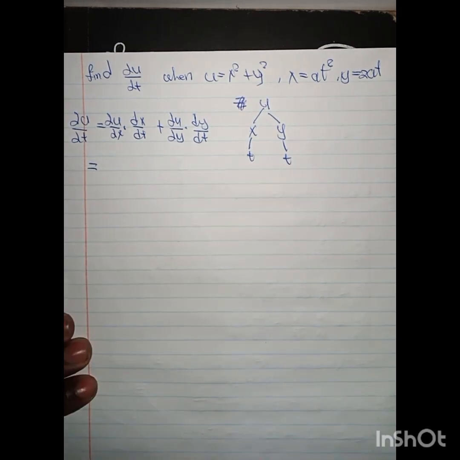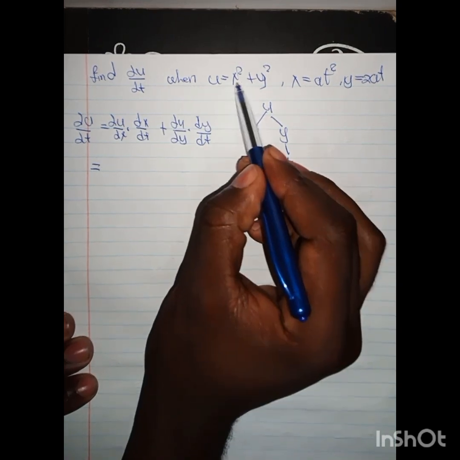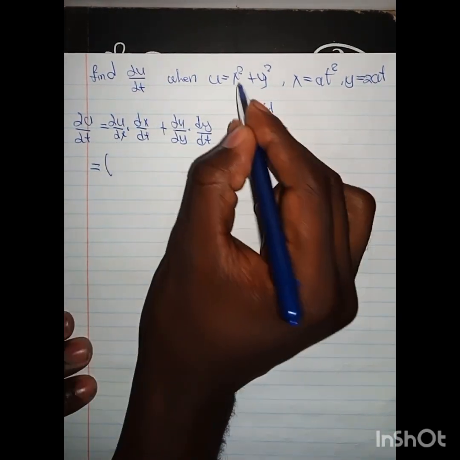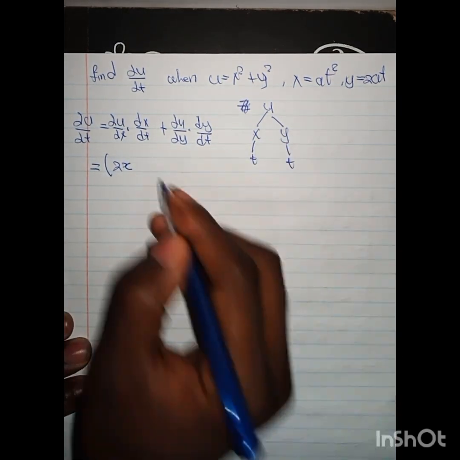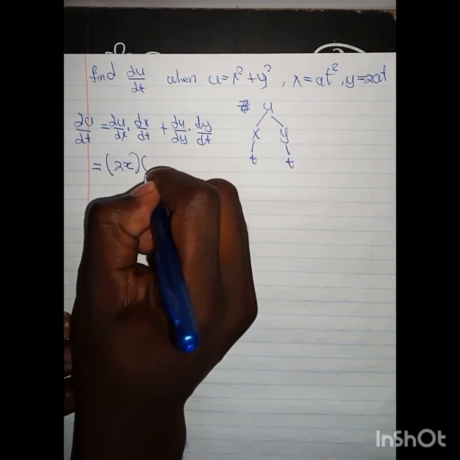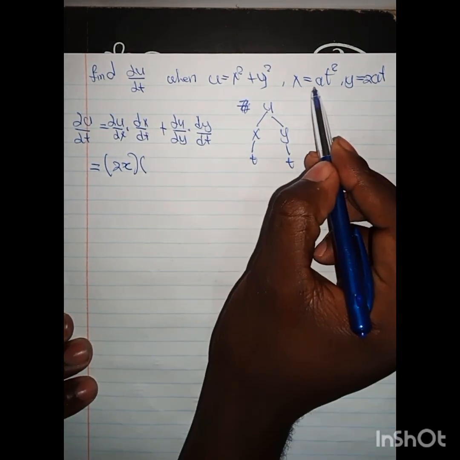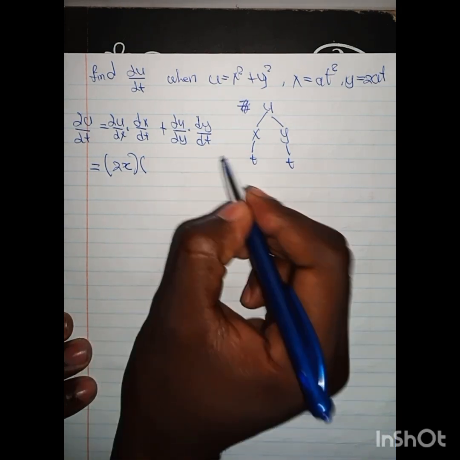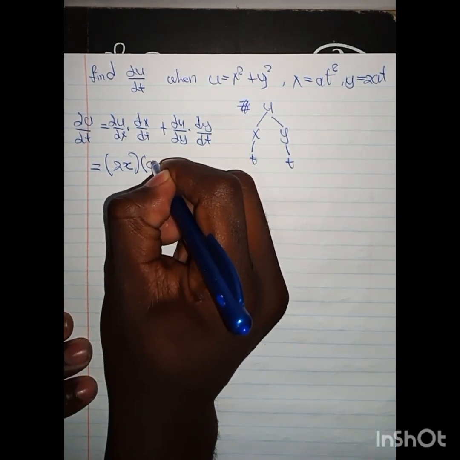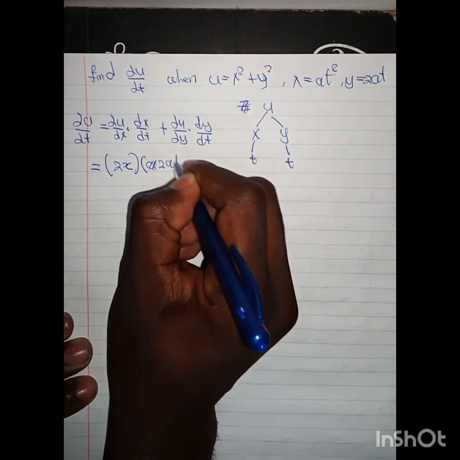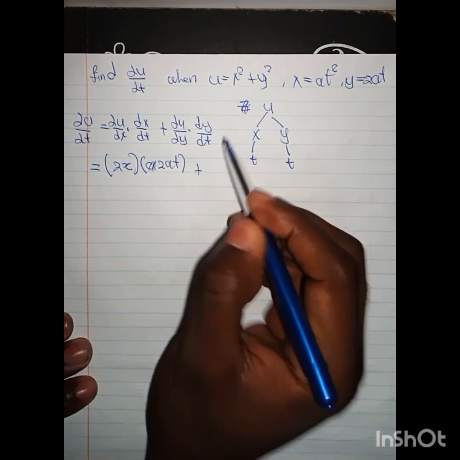From now it's a matter of differentiating what we have. First, we differentiate the main function with respect to x. We just have 2x, and y squared is just a constant which is considered to be 0. And dx/dt is from the subfunction x, which is equal to at squared. Differentiating it with respect to t, we have 2at.